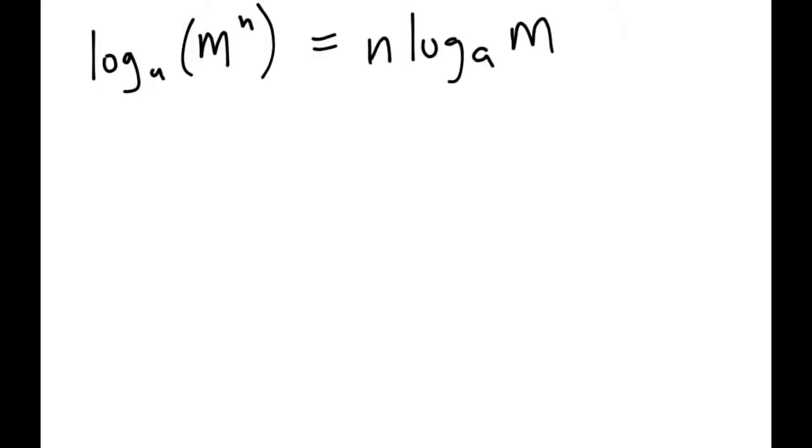So we can convert back and forth by taking an exponent and moving it down in front, so it'd be n times that, or vice versa. If the question gave it to you where the n was already in front, you can simply move it up as an exponent. Either way, it's basically flip-flopping those formulas one way or the other.